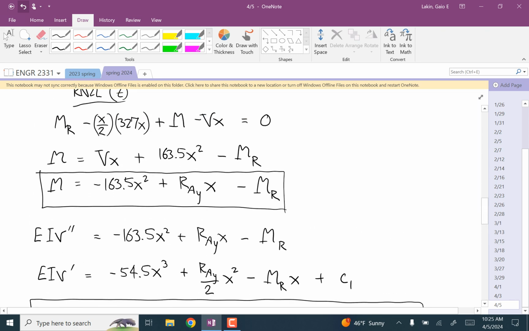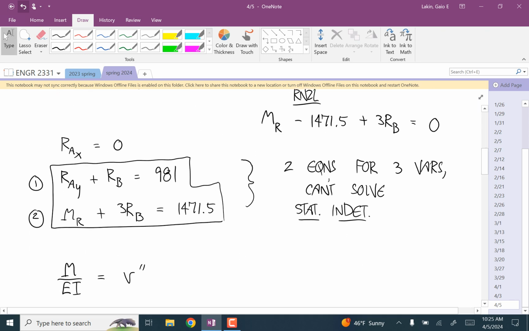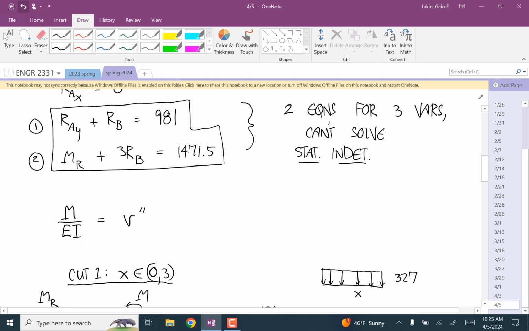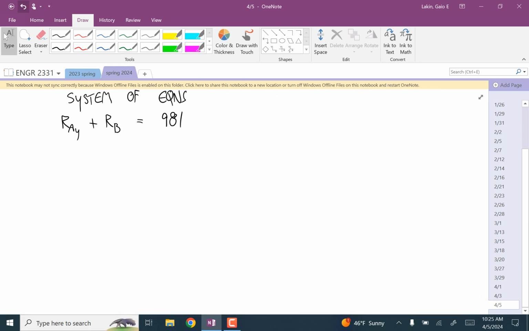Then our moment equation from the statics says MR plus 3RB is equal to 1471.5.